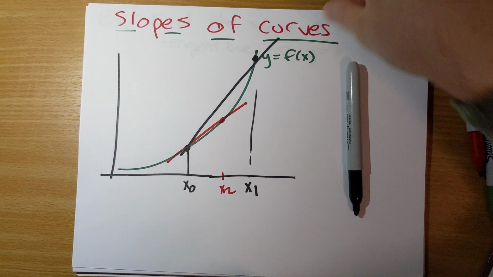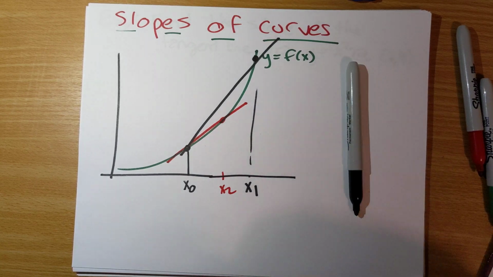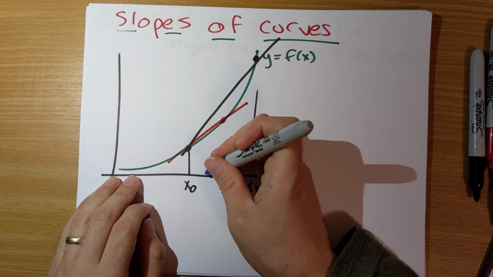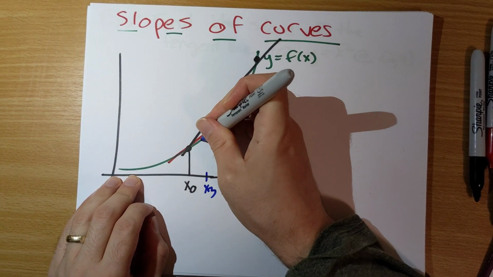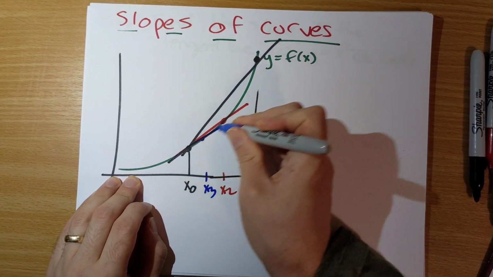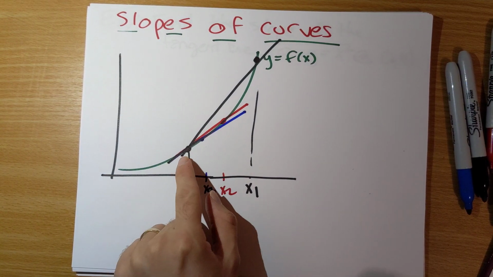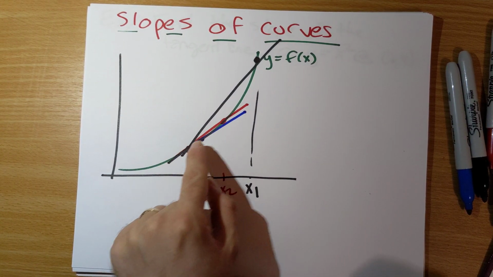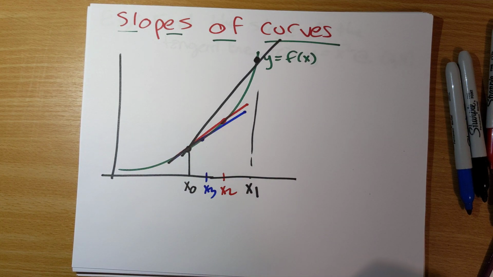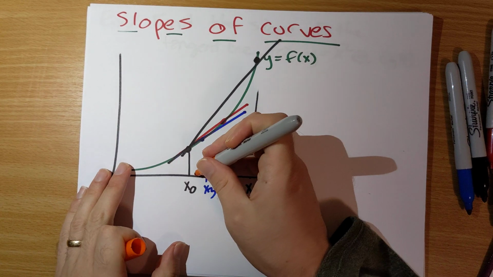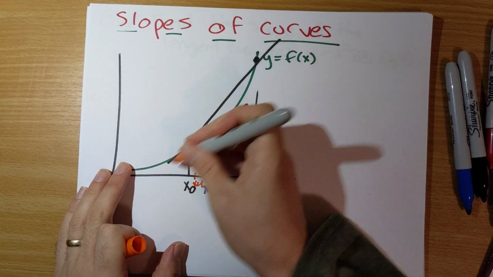And if we want a better approximation, let's make the interval smaller, x3. We can draw the secant line from x0 to x3 here. Well, we can make it even smaller. I'm running out of colors here. Let me steal another color. Go for some x4 point.